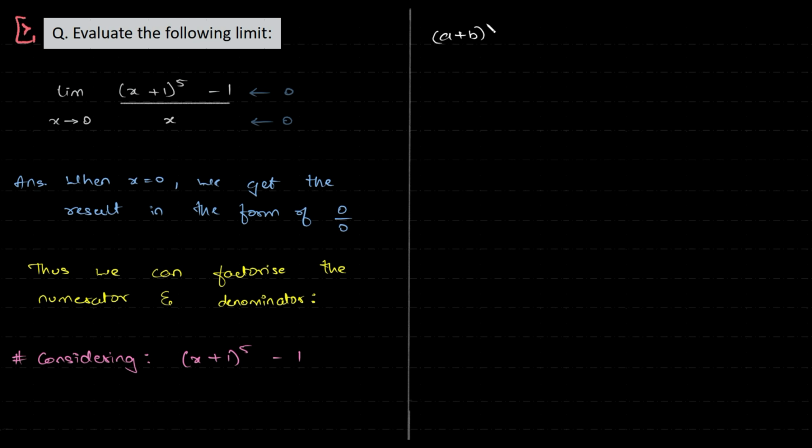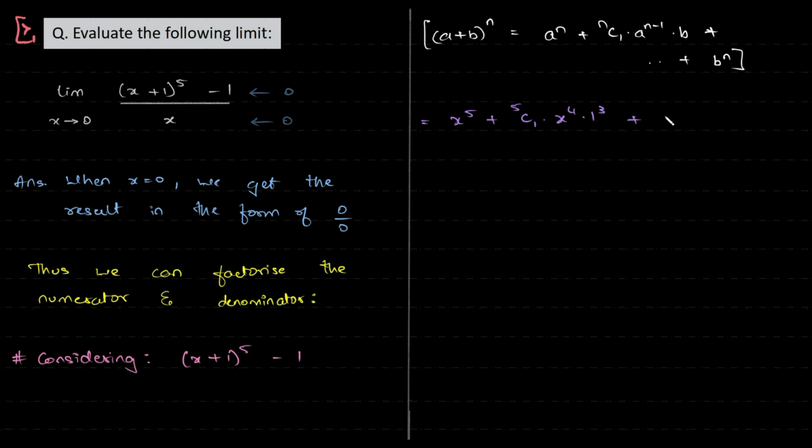I'll make use of a plus b whole to the power of n, which is a to the power of n plus nC1 a to the power of n minus 1 into b, till the last term. So we are using the binomial expansion. When we expand it, we have x to the power of 5 plus 5C1 x to the power of 4 into 1 to the power of 1.